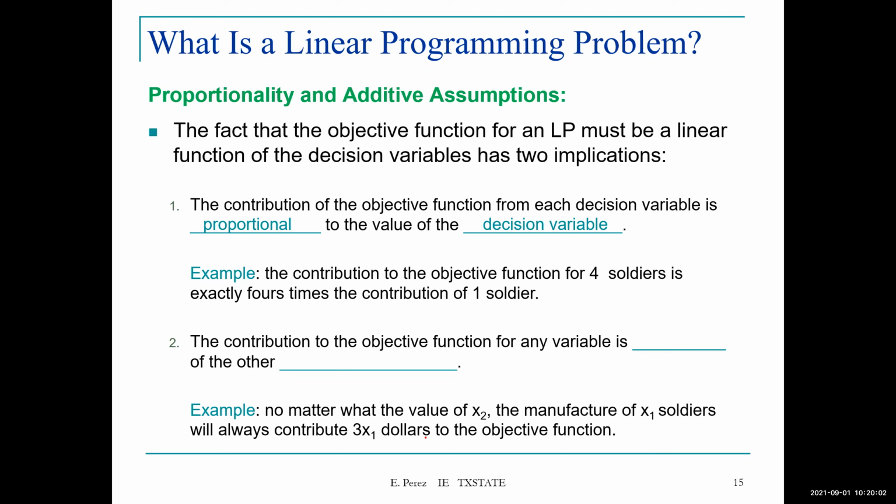So that's one of the assumptions. The contribution to the objective function for any variable is independent of the other decision variables. So for example, no matter what the value of x2, the manufacture of x1 soldiers will always contribute 3 times x1 dollars to the objective function. And that's not going to change independently of what the other product will contribute.